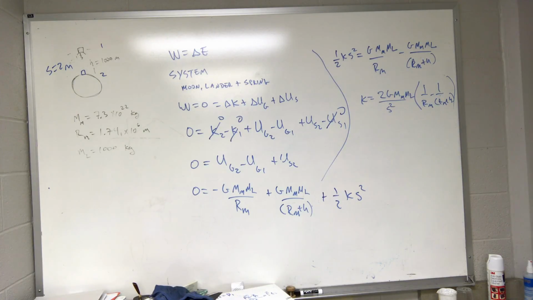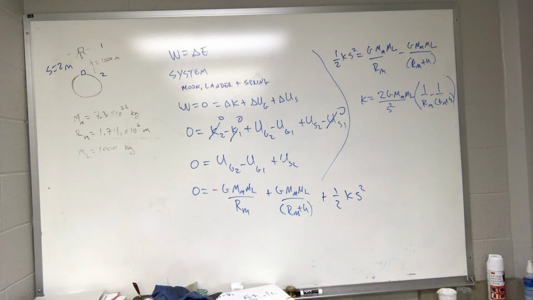K equals 2 times G times mass of the moon times mass of the lander divided by S squared, times 1 divided by the radius of the moon minus 1 divided by the radius of the moon plus h.